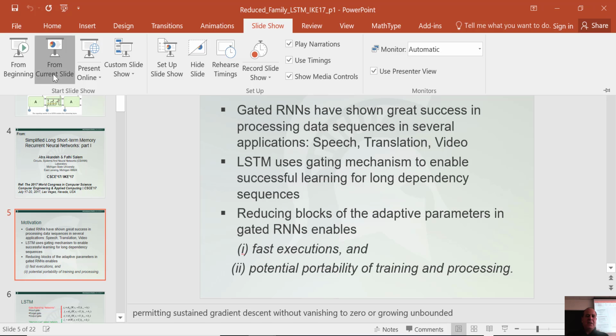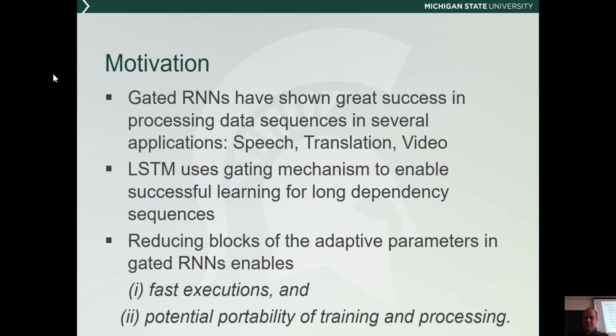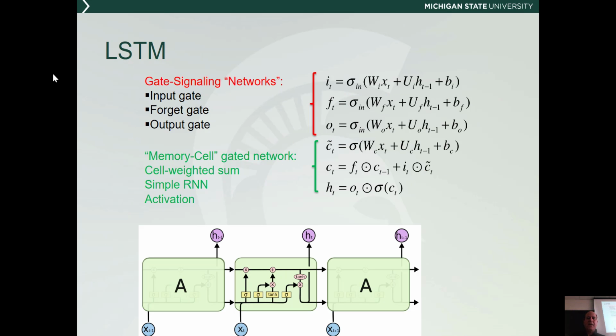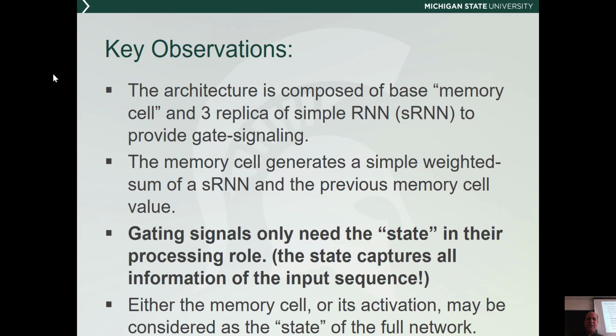So let me go back to this one. And we talked about LSTM. The architectures are composed of base memory cell, if I'm looking at it, and then replica copies of the same simple RNN to generate the gating signal. The memory cell is a weighted sum of a term from the S RNN, which is a simple RNN, and the previous memory value.